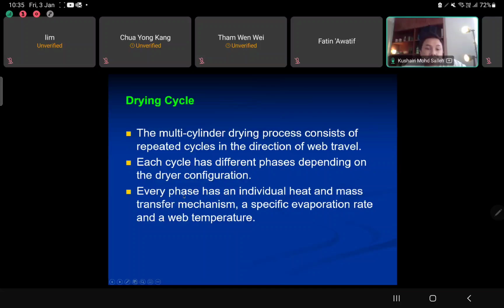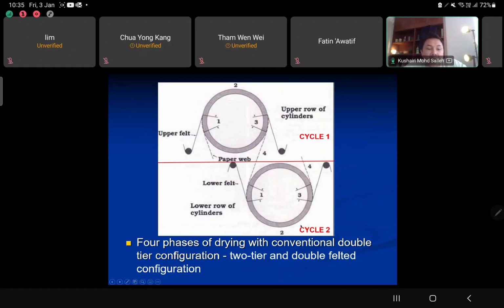Every phase has an individual heat and mass transfer mechanism, a specific evaporation rate, and a web temperature. So these are the 4 phases of drying. As you can see, we have the numbers 1, 2, 3, and 4. Each of the cylinders has 4 phases.